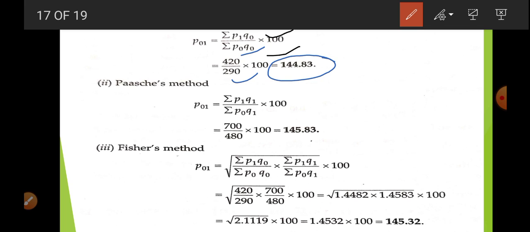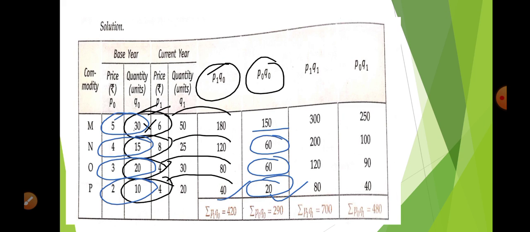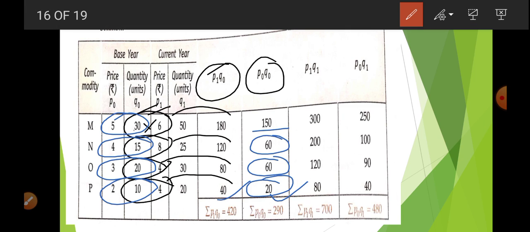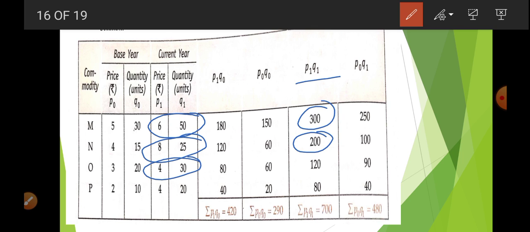Now Paasche, he has given importance to current year quantity. So the equation is sigma P1 Q1 upon sigma P0 Q1 multiplied by 100. We are going to calculate these two. So here P1 Q1, this is your P1 and Q1. When we multiply these two, we get 300. These two 200, and these two 120. 4 multiply 20, 80.